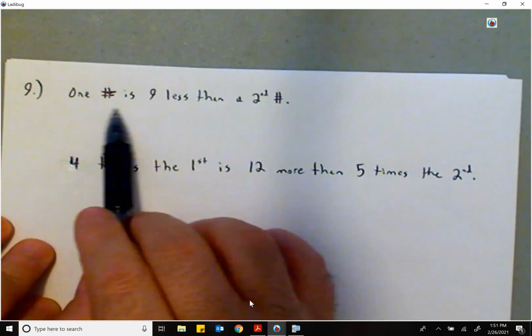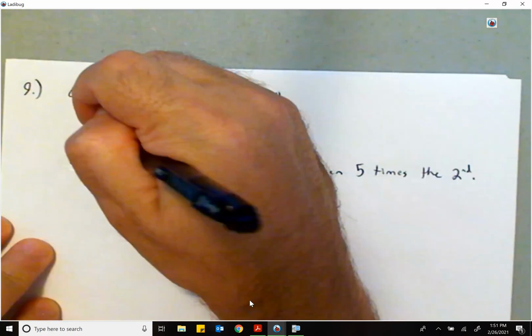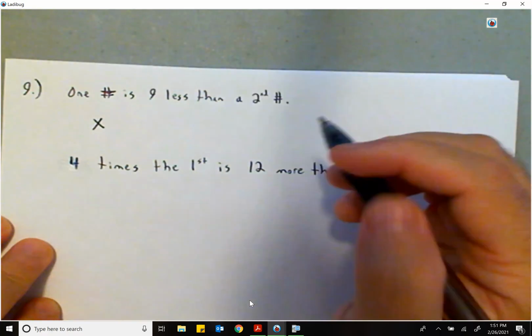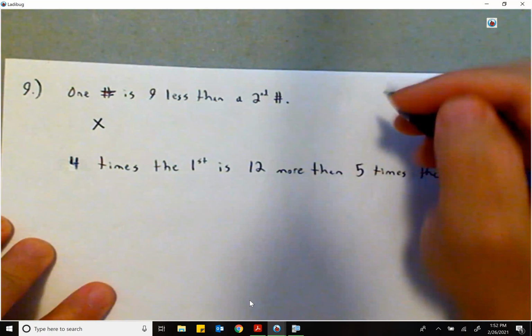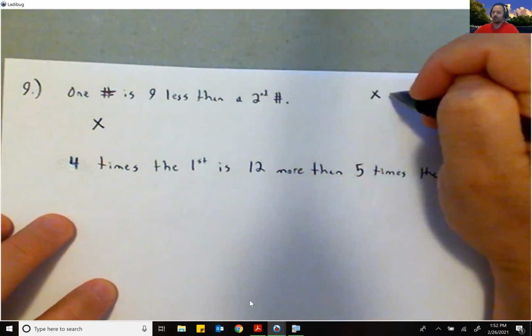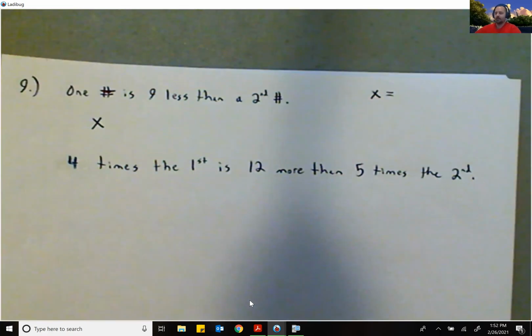That could be X. You can do one number as the first number. You can either do X or F. I like that you're using F. Let's use F for the first number, right?